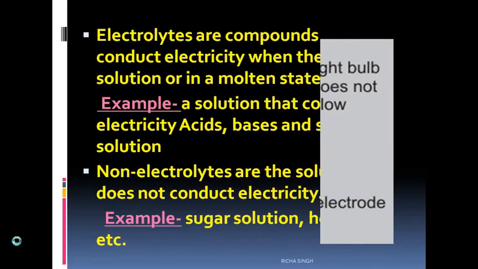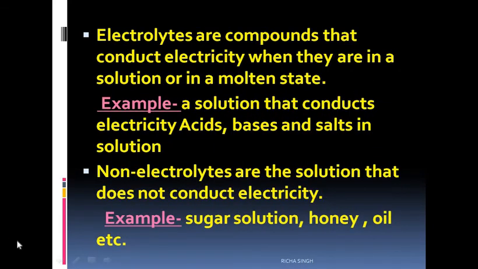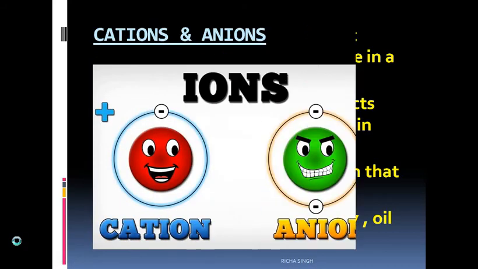Examples of electrolytes are acids, bases and salt solutions, because they all conduct electricity. Non-electrolytes do not conduct electricity, like sugar solution, honey, oil, alcohol and urea. These substances do not conduct electricity, therefore they are said to be non-electrolytes.